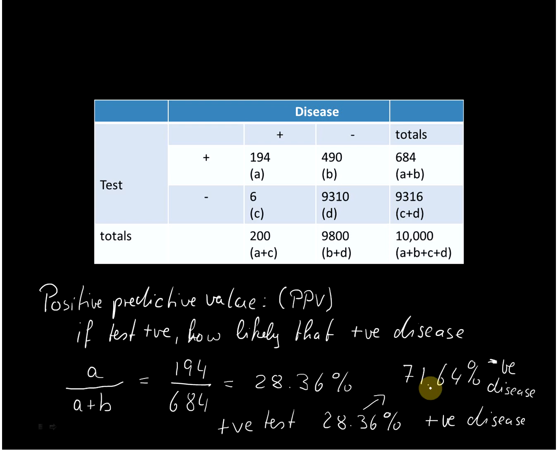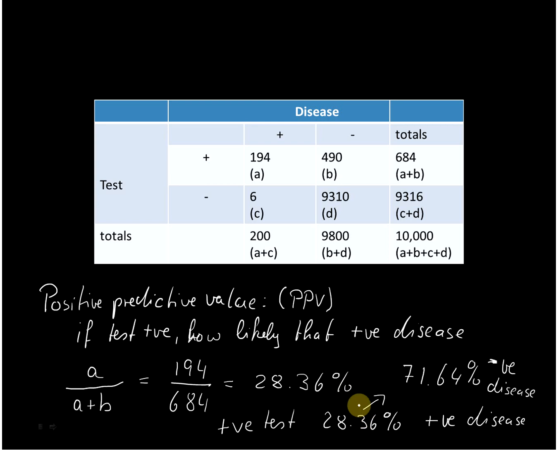That is very important to realize the next time you have a positive test, that you ask about the positive predictive value for the test, because that gives you a good understanding whether you have the disease or not. In this case, where the predictive value is 28.36, it would be a very good idea if other tests are performed that give you another set of data, where you then can confirm, yes, you have the disease, or no, you don't have the disease.